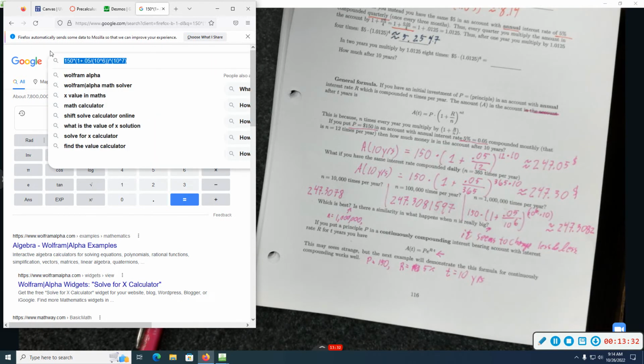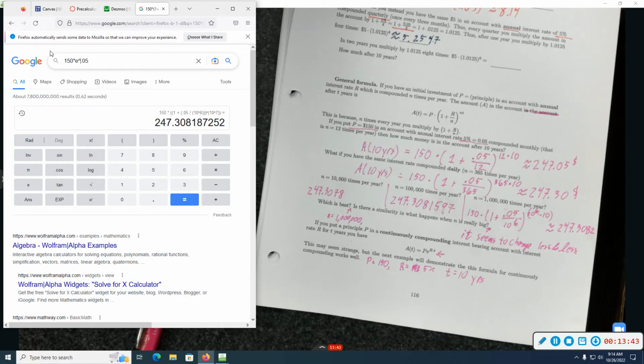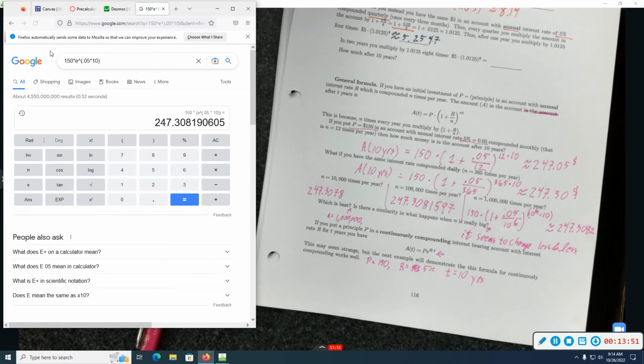So the initial investment is 150 times Euler's number raised to the r is 5%, 0.05, times 10 years. That look pretty close to the numbers we were getting? Yeah.